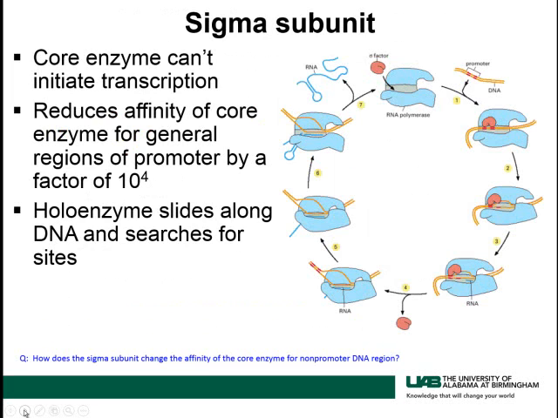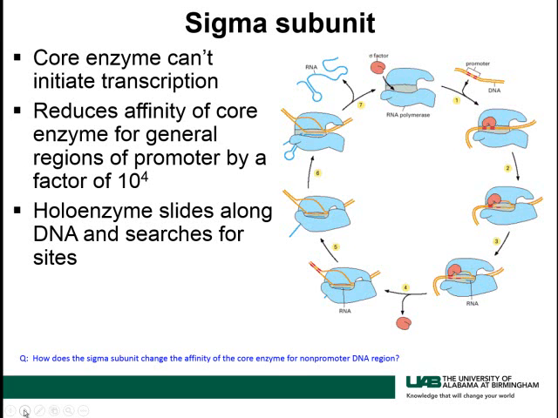The core enzyme cannot initiate transcription; it needs the sigma subunit to be combined with it, because the sigma subunit actually directs the RNA polymerase to the correct site where transcription has to be initiated.